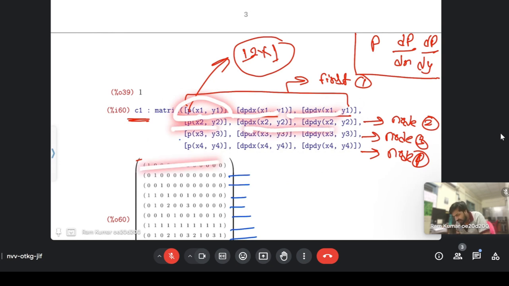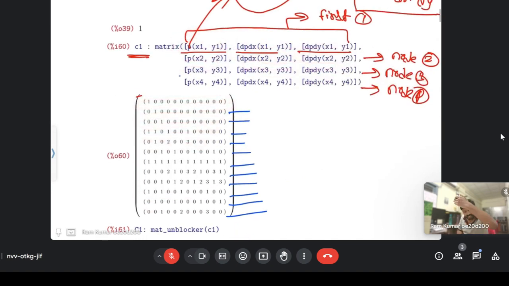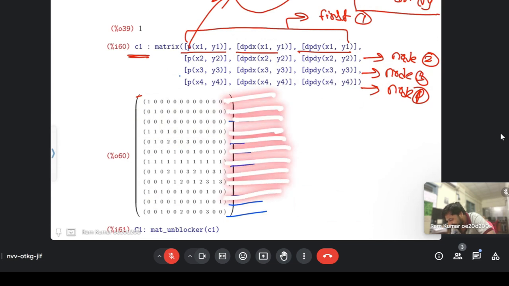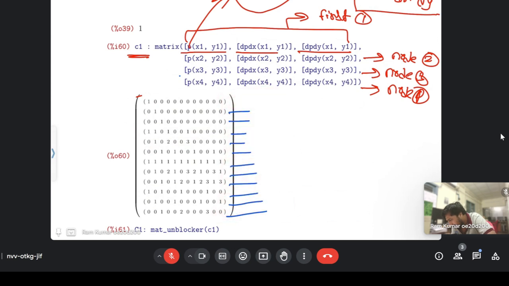That's why this is also 12, and each row will be 12, so the total will be 12 cross 12. See, how many do we have? 1, 2, 3, 4, 5, 6, 7, 8, 9, 10, 11, 12. So 12 rows, and again 12 columns. So it will be 12 cross 12.